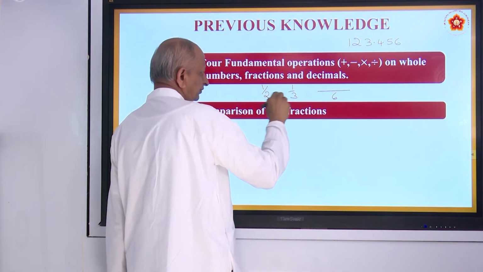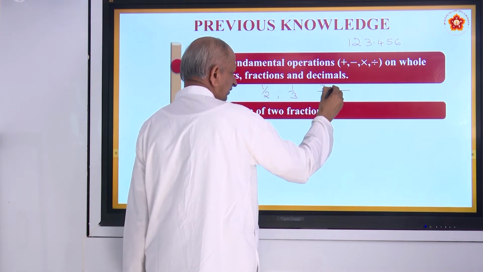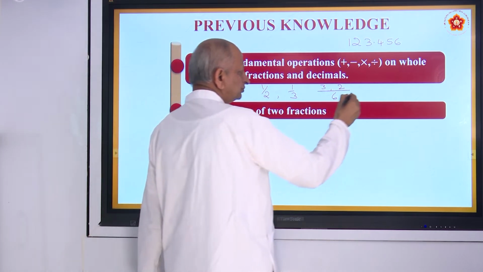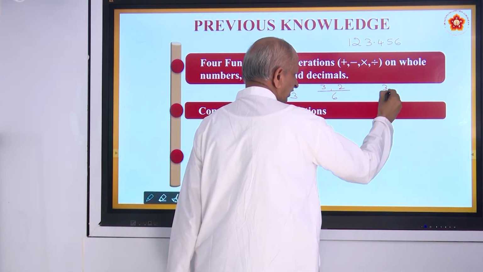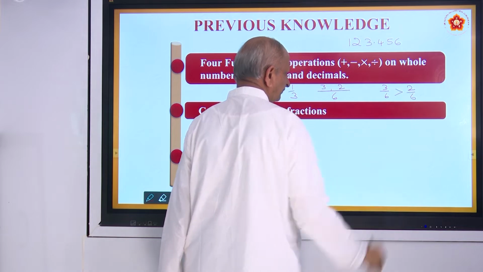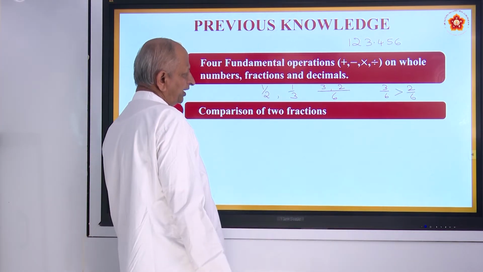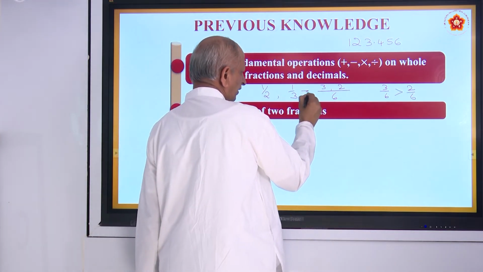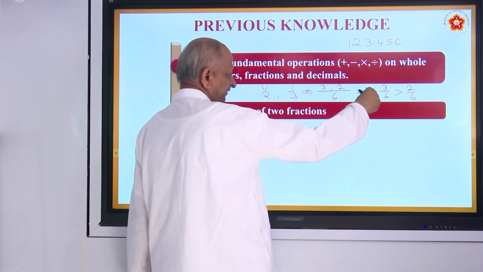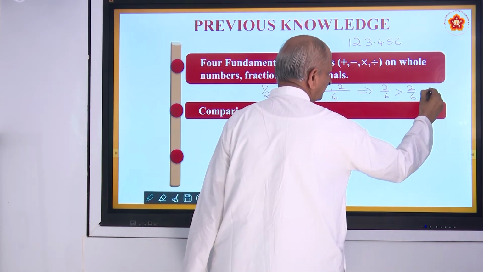It will be 6. So 2 3s are 6, 3 2s are 6. Here which is more? Naturally 3/6 is more than 2/6. Is it not? So what is 3/6? 3/6 is nothing but half.